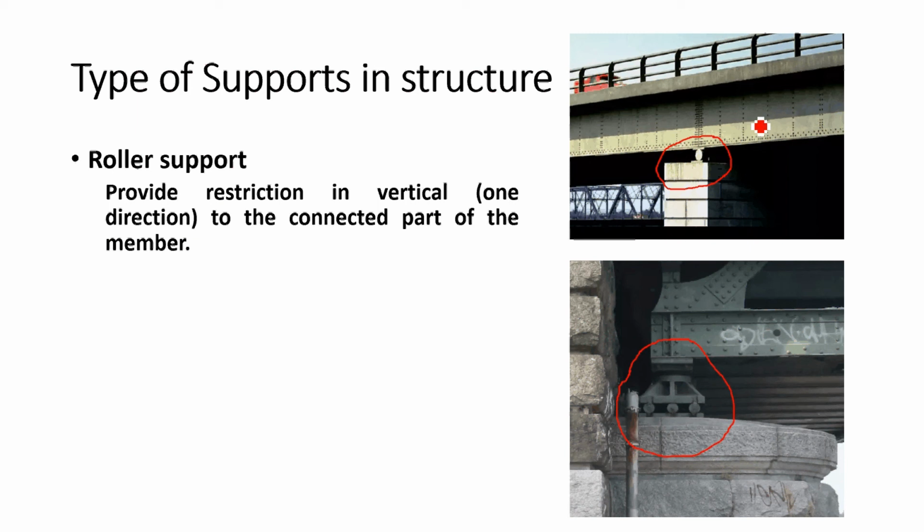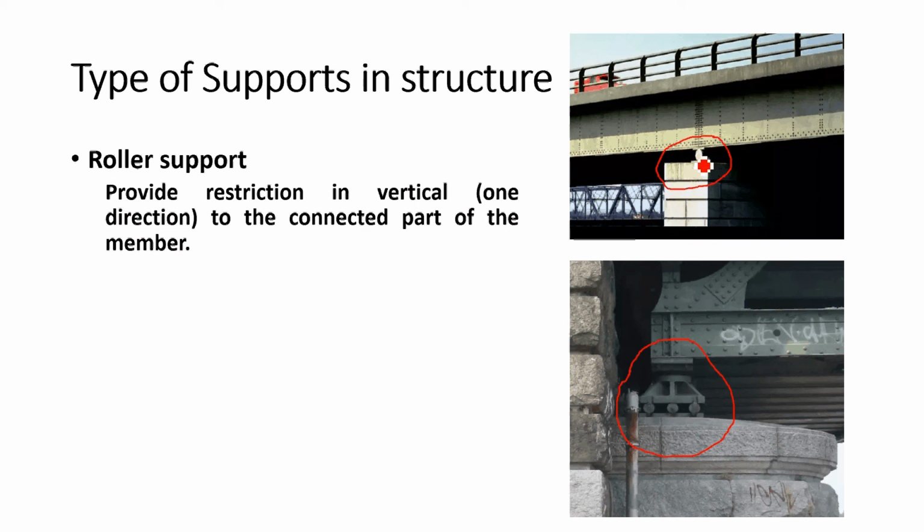If you take these two supports, when it comes to roller supports, this will be the typical arrangement if the support is at the end. If the support is in the intermediate part of the beam, this is the arrangement you will get. These two I have got from bridges. Similar supports are very rare in buildings unless you are using precast members, right? Okay.